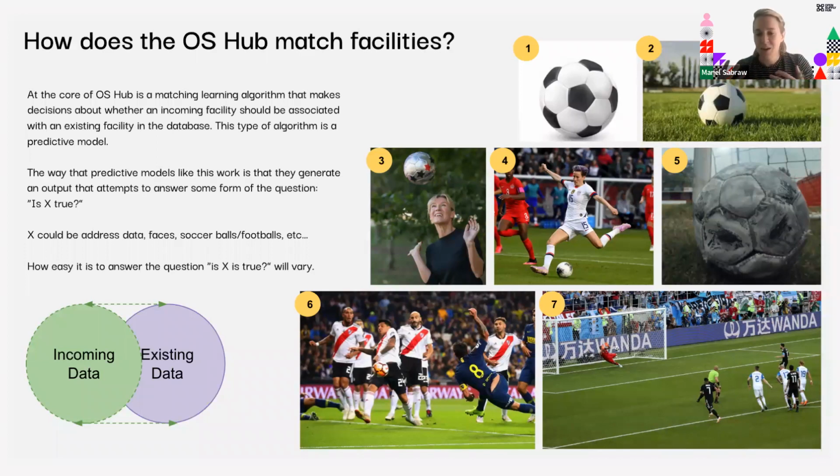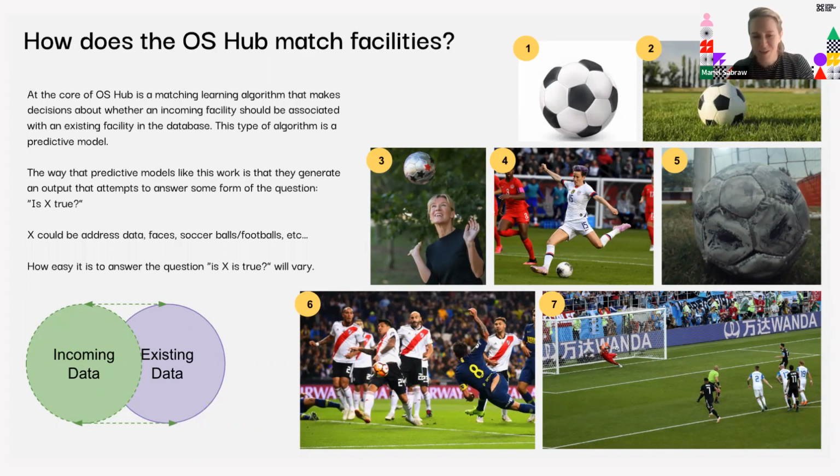The ease with which that question can be answered depends a lot on the context and the quality of the information coming into the system, and how many times the system has seen other data like that before.